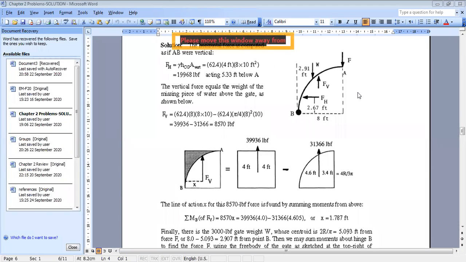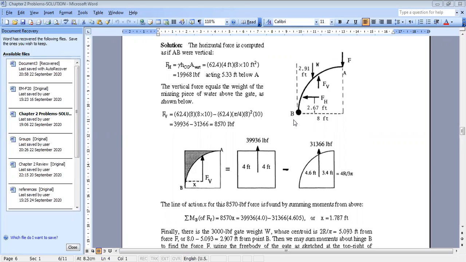Once we find the point of application of FV, we still need to find the point of application of the weight of the gate. What are the forces acting on the gate? We have the force F, the weight of the gate, and the horizontal and vertical forces. To find the point of application of the weight of the gate, it's simple, because here we have a quarter of a circle.